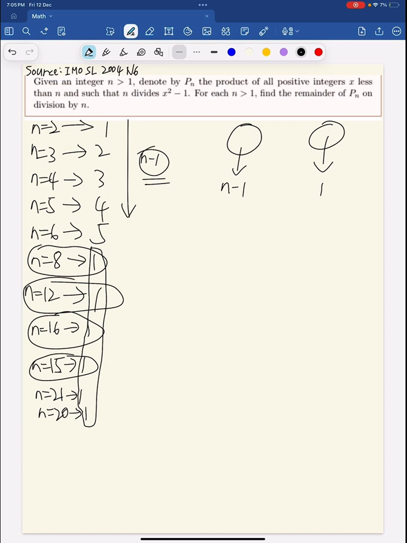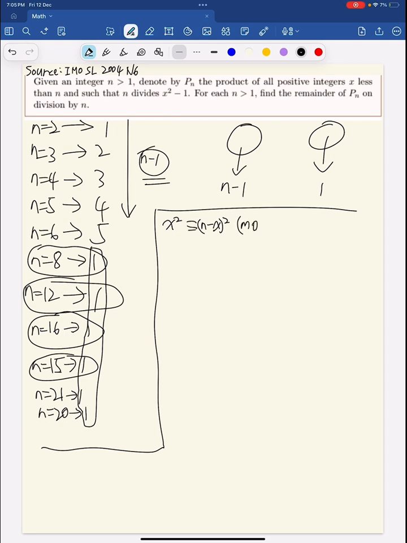So how do we get the precise answer? Since guessing the answer looks really hard, let's instead think about properties of Pn. First thing to notice is that if n is some number, then x squared and n minus x squared will be congruent mod n.